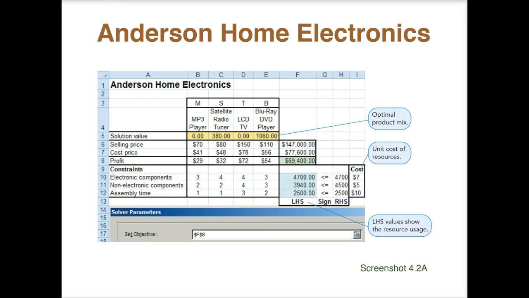And of course, if we were to actually set this up in Microsoft Excel, this is what it would look like. And these are the solutions that you would get as a result.